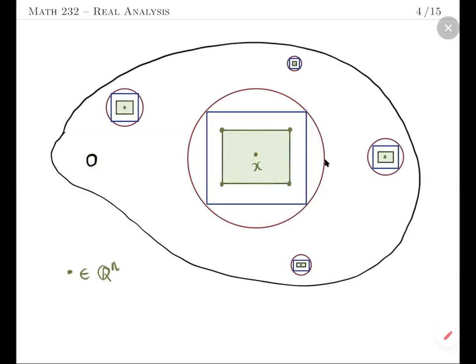In this ball, you need to look for an open set containing X and lying entirely in the open ball. So in the case of the two-dimensional Euclidean space, you will have a rectangle here, or a square.